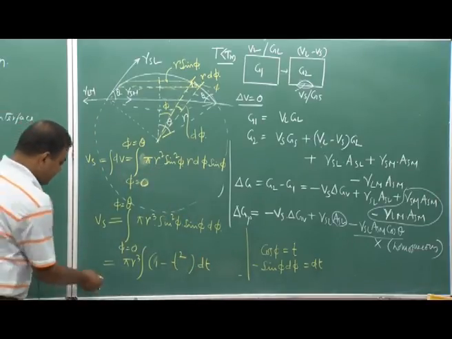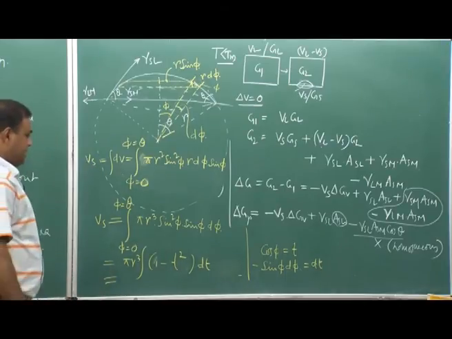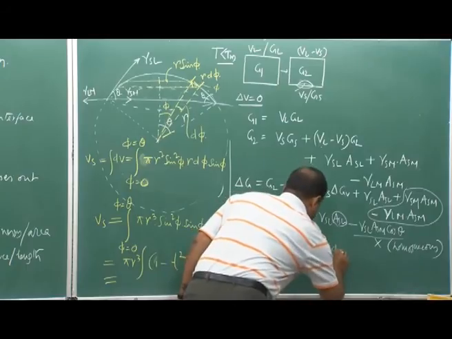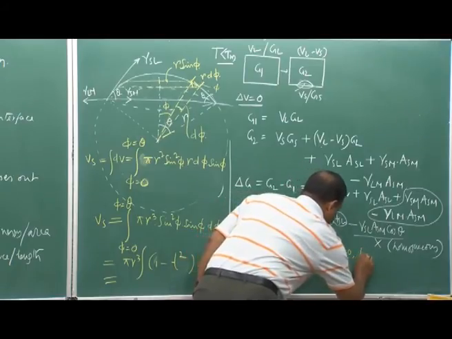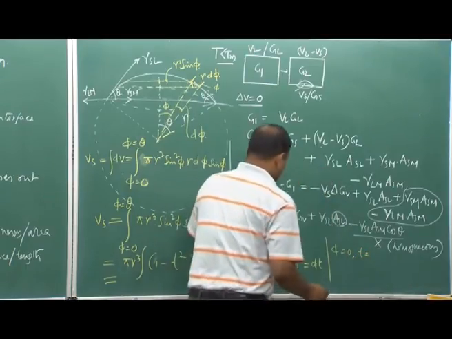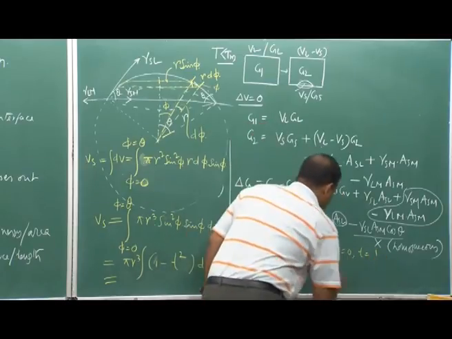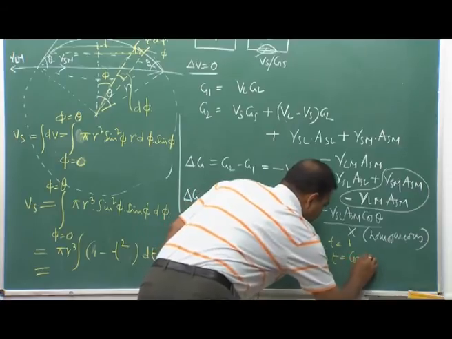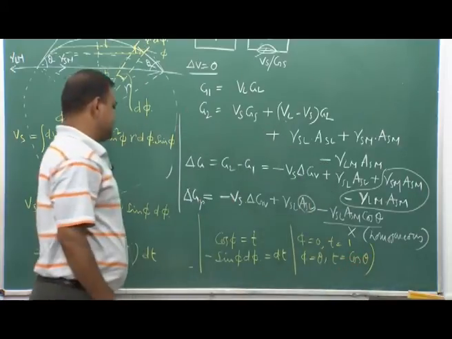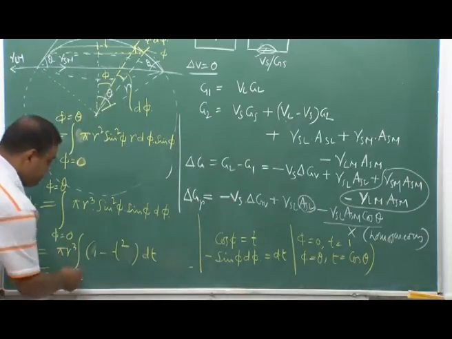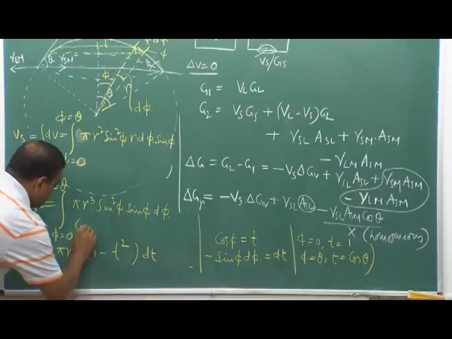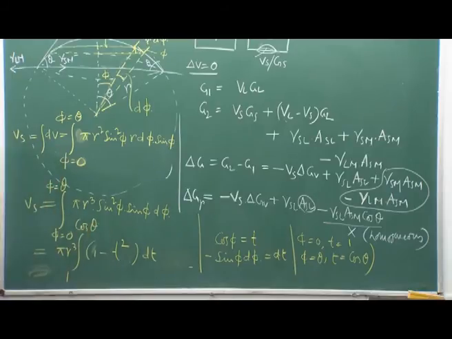So, if we solve this, when phi equal to 0, t equal to cos phi, cos 0 equal to 1, and phi equal to theta, t equal to cos theta. These are the limits, and then the expression would change to 1 to cos theta.